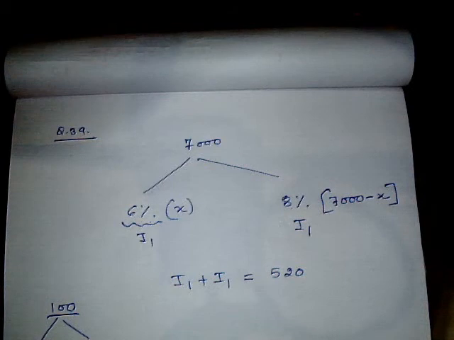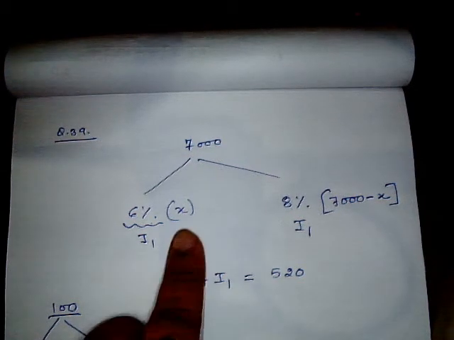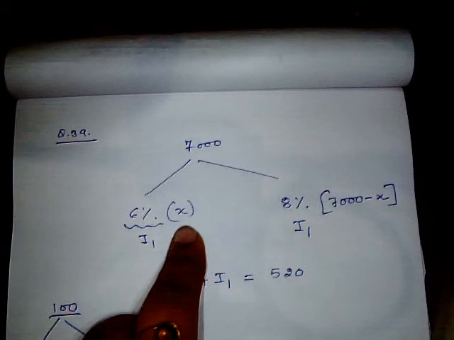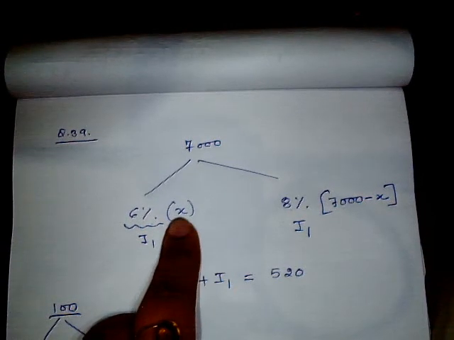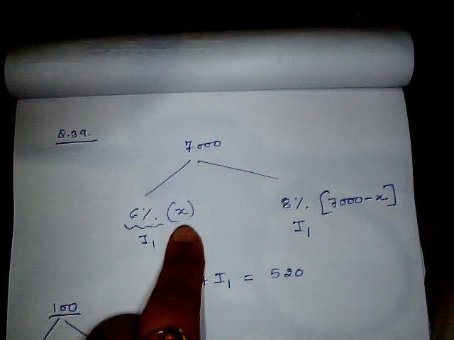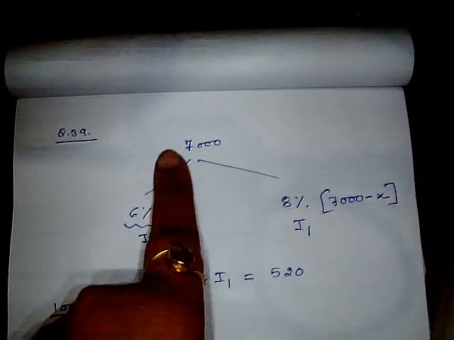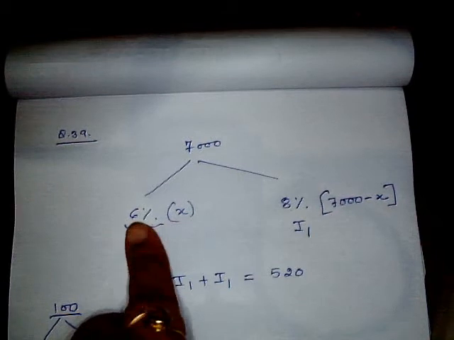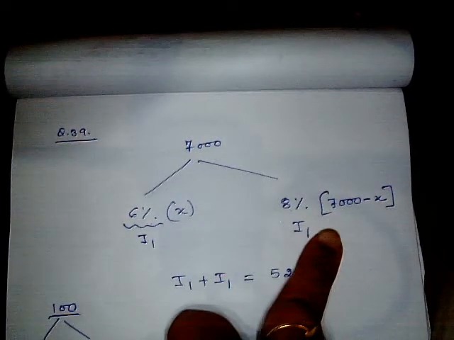So when things are not fixed and I am not sure, I need to assume algebraic values. I have assumed x out of 7,000 is put under 6%. The rest, 7,000 minus x, is what I have invested under the 8%.